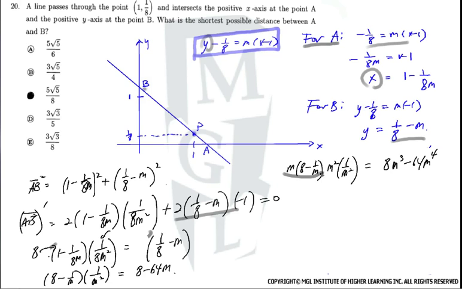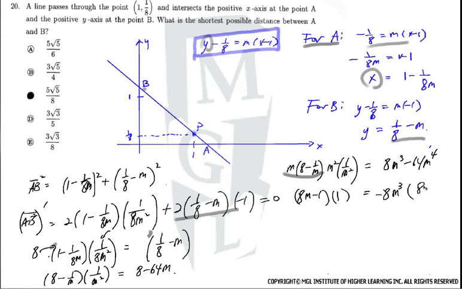So multiplying these two, you get 8m minus 1 times by 1. And you can see that I'm doing what I'm doing to get rid of the fractional expression. And here I'm going to factor out 8m to the power of 3. Actually, minus of that would be better.